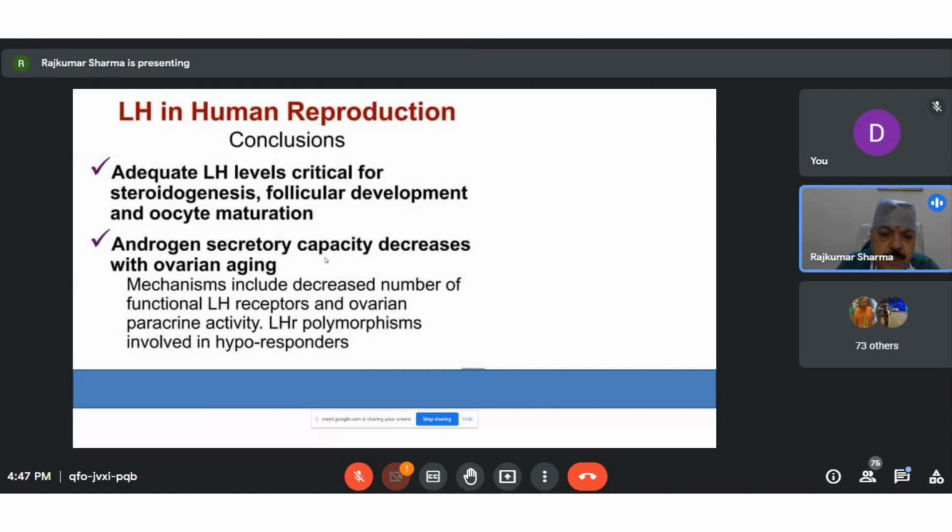The mechanism includes a decreased number of functional LH receptors and reduced ovarian paracrine activity. LH receptor polymorphism is involved in unexpected poor responders, where you need to give higher or longer doses of FSH. Again, I reiterate that you may have to add LH to get a proper trajectory of growth.